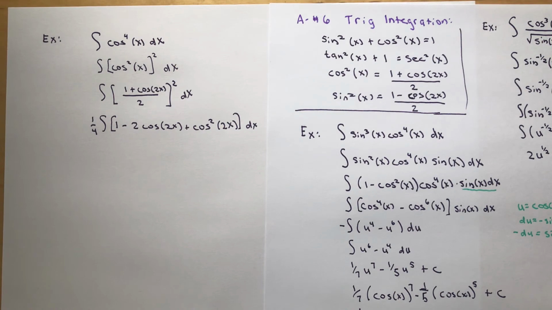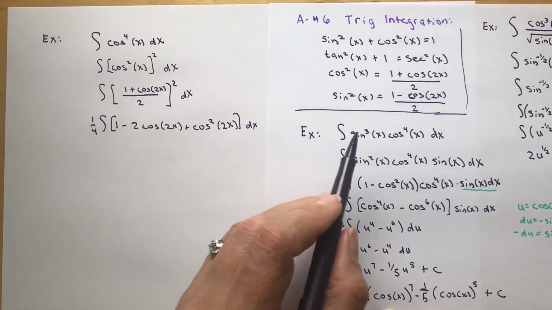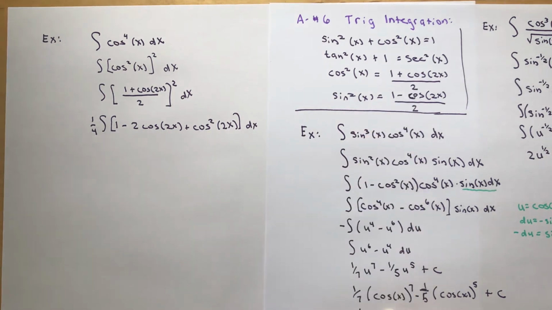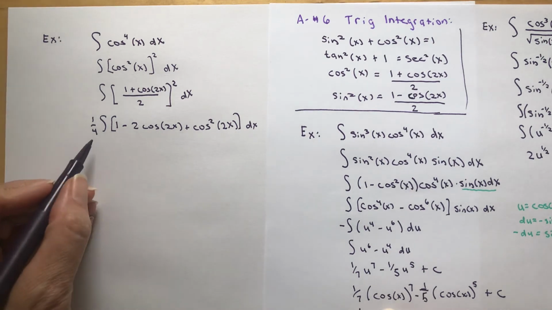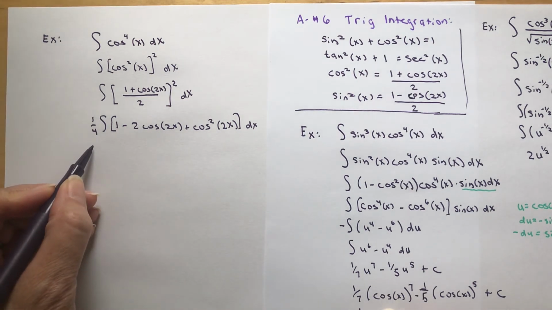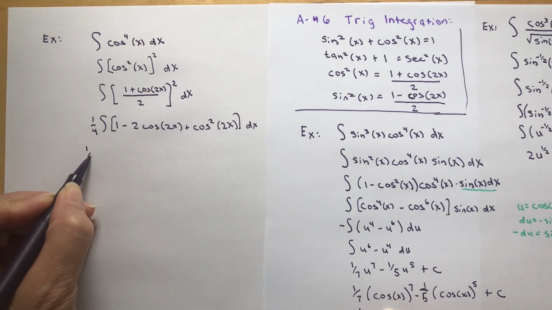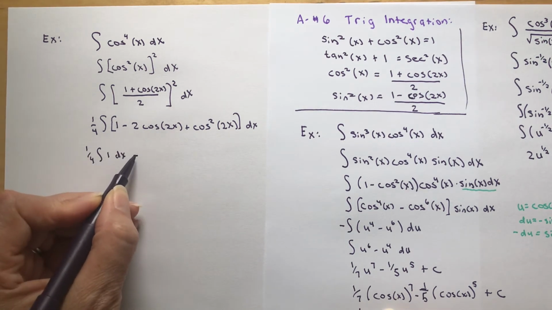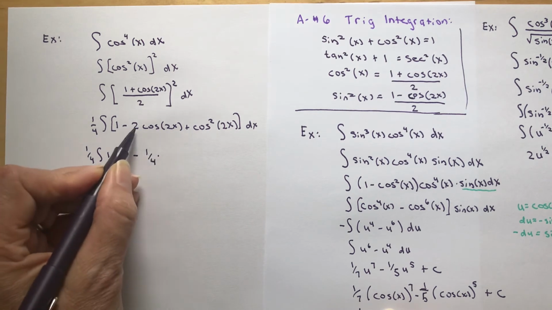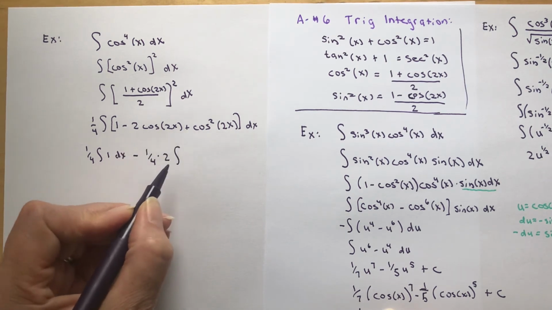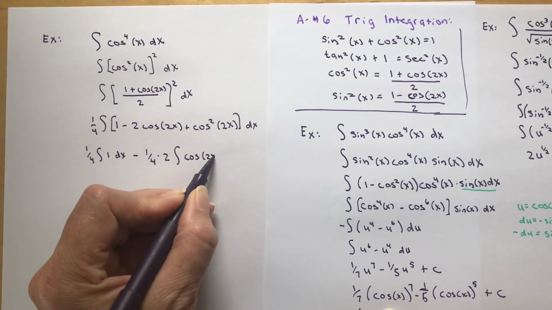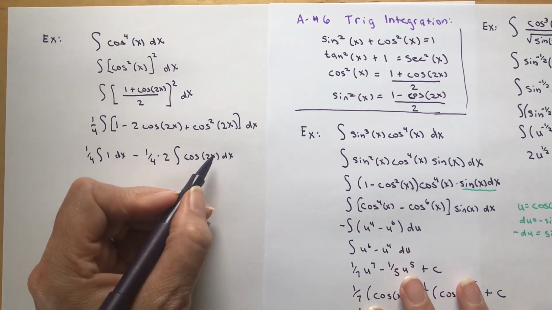And then this one, cosine squared 2x, we're going to need to apply this again. So a good way to do that is to break this up into different integrals. So I can have 1/4 of the integral of 1 dx minus 1/4, and then this 2 can come out in the integral of cosine 2x dx.